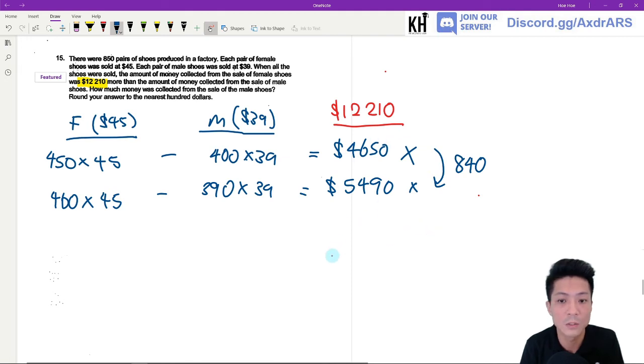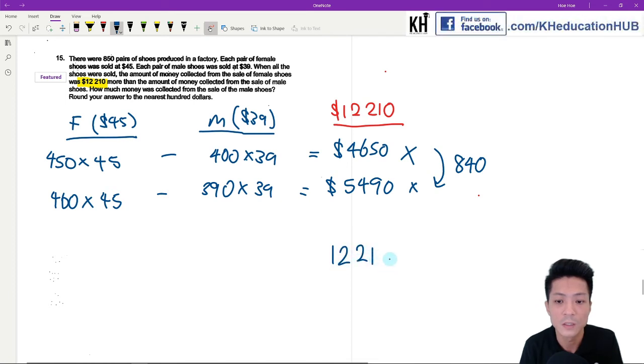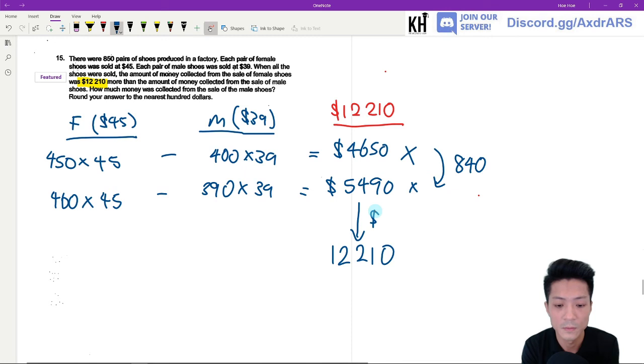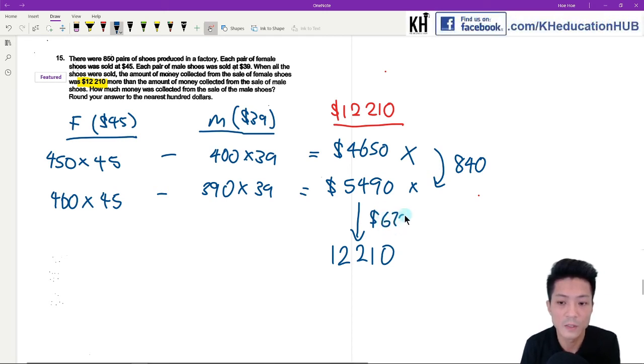So I want to increase until I reach 12,210. From here to here is 6,720.